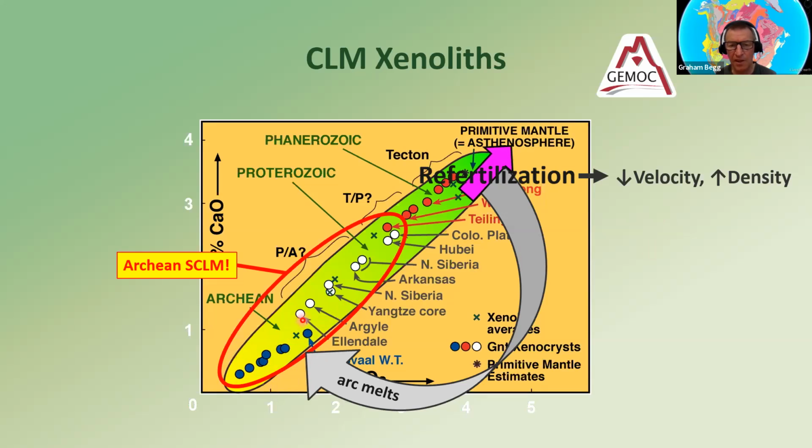So as you refertilise and convert more and more of the forsterite to fayalite, to this iron-rich olivine, the seismic waves will be slower.